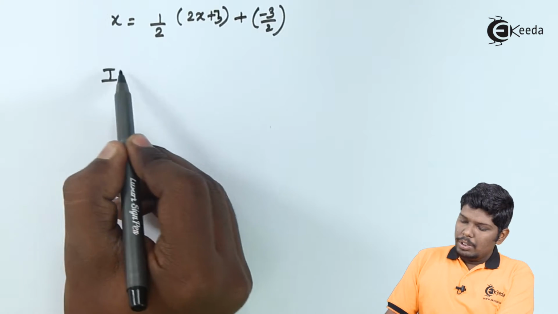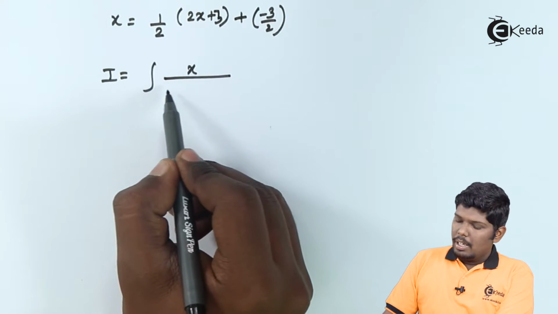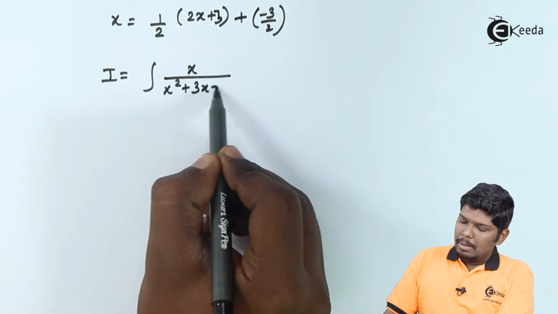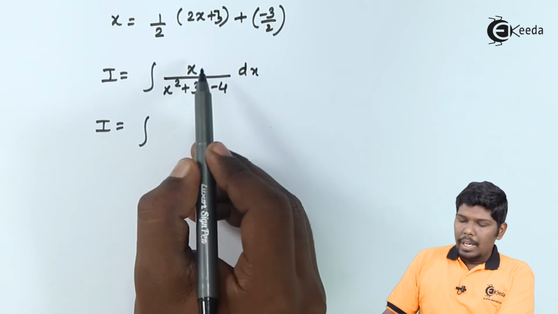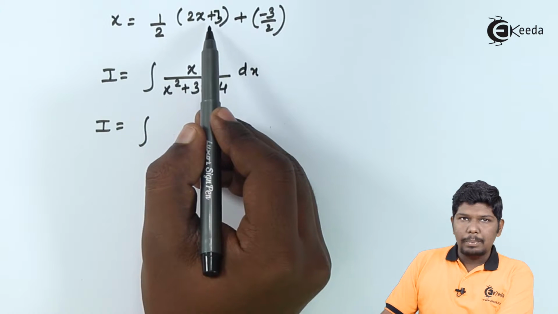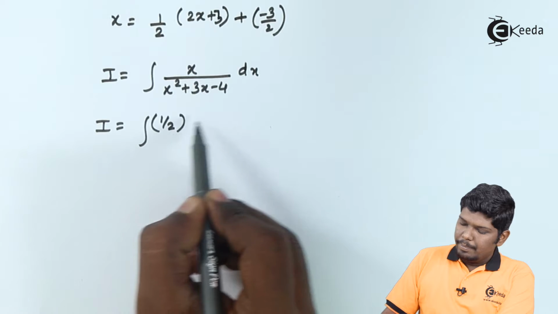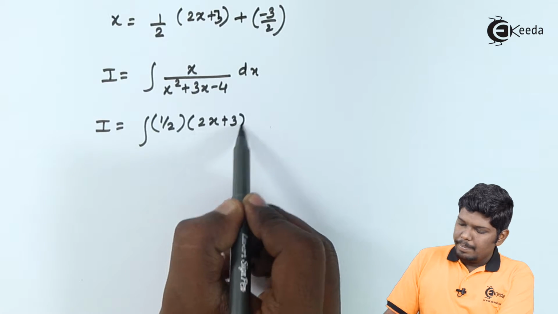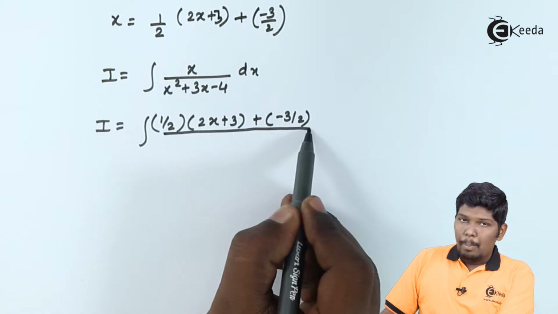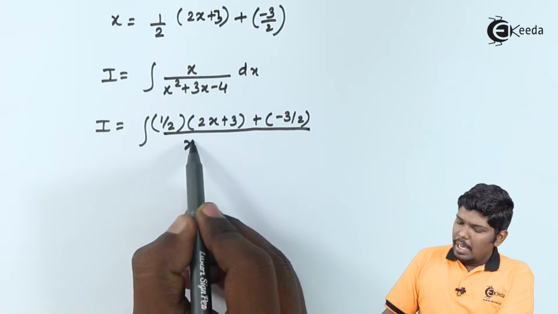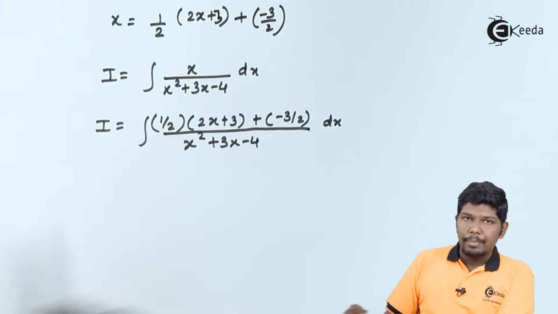Our given integral was x upon x square plus 3x minus 4 dx. Now we can write x as half into 2x plus 3 plus minus 3 by 2, upon, in the denominator we have x square plus 3x minus 4 dx.